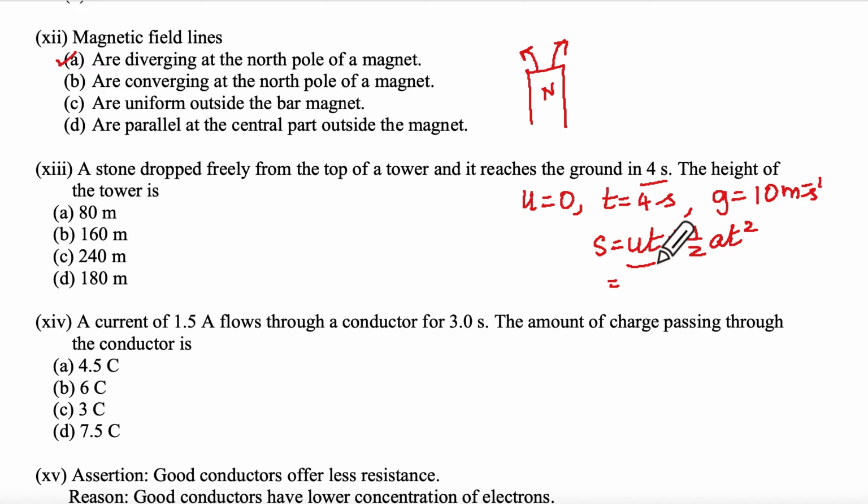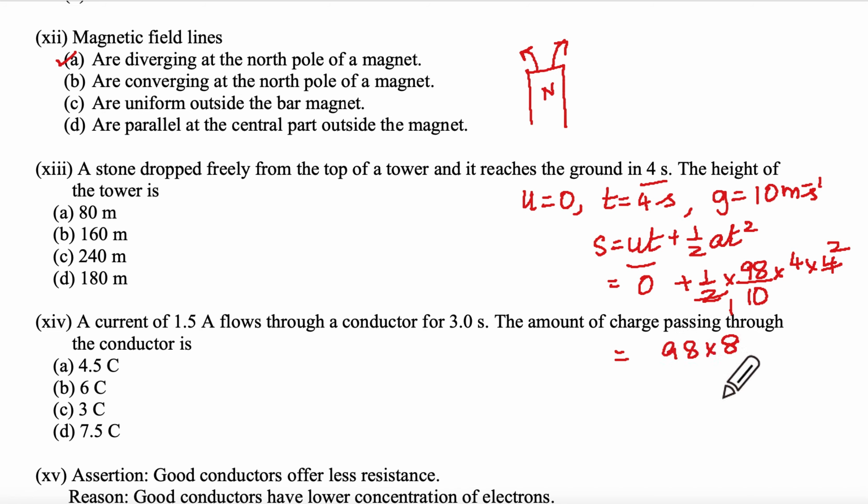So this term will be 0 plus it will be half, and acceleration, shall I take 9.8? Let me just check. 9.8 means 98 upon 10 and into 4 into 4. So 2 goes twice. So the height is 98 into 8.